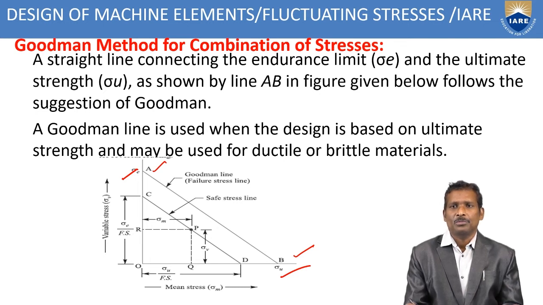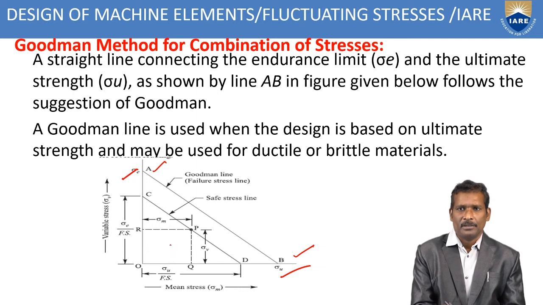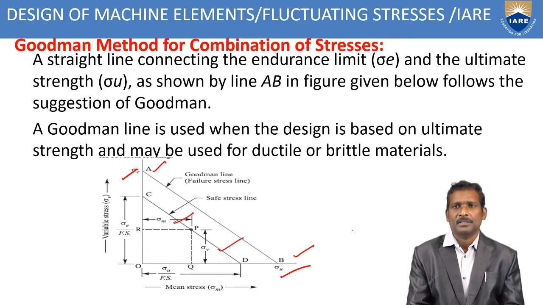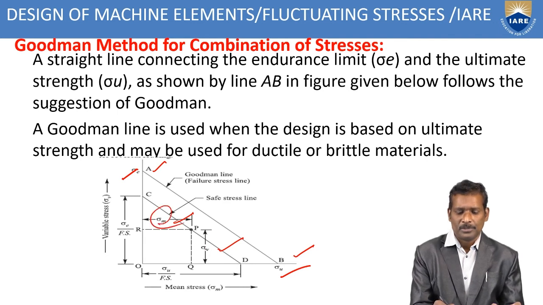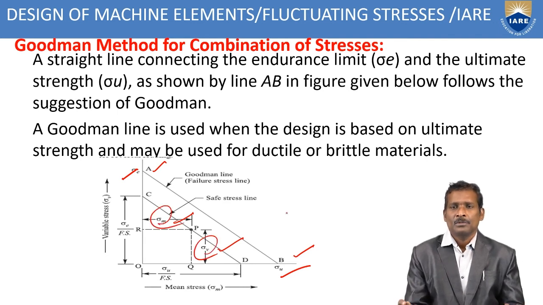Then PQ, and here are shown the mean stress and the variable stress. These two are fluctuating stresses. We have to calculate the mean stress and the variable stress by using this diagram.